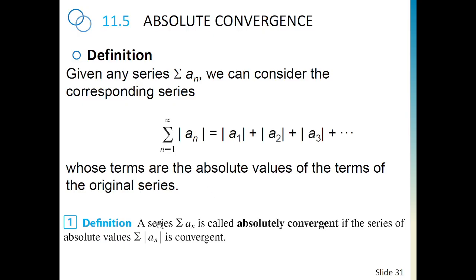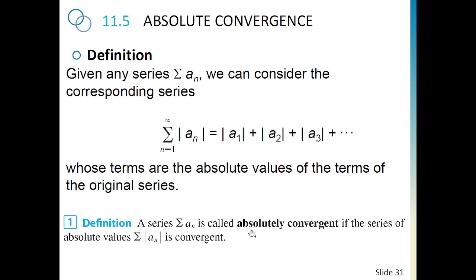Now the definition is a series a_n is absolutely convergent when the series of absolute values is convergent. So essentially we take, let's say, the series of (-1)^n divided by n squared. And then we take absolute value, we'll get a series of 1 over n squared. So if the series 1 over n squared is convergent, then the alternating version is also convergent. That's what it means.